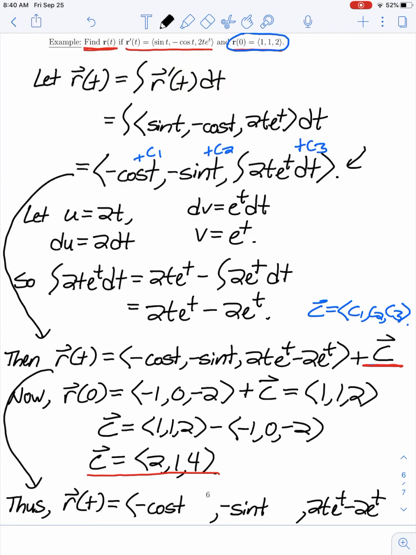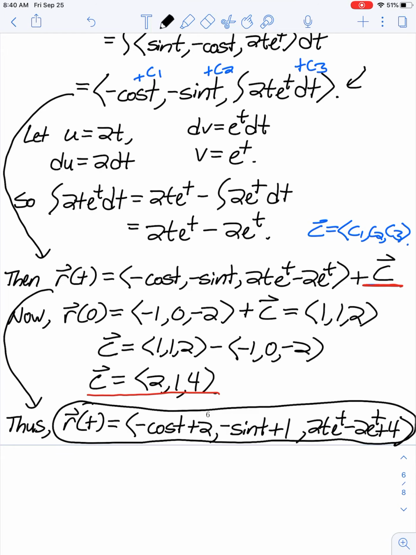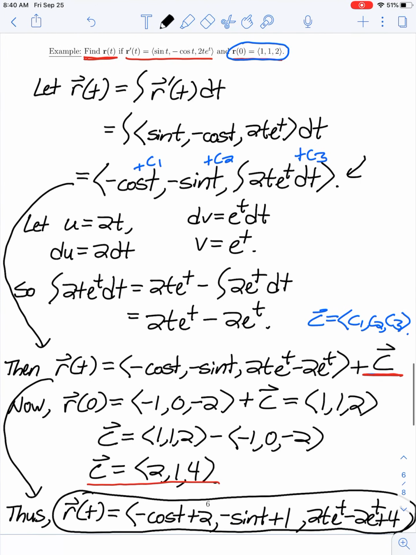Adding component-wise, to my first component I'm adding 2, to my second component I'm adding a 1, and for that last component I'm adding 4. So we have the following vector function, r of t, as the vector function whose derivative was given in the problem statement and which satisfies r of 0 equals 1, 1, 2.